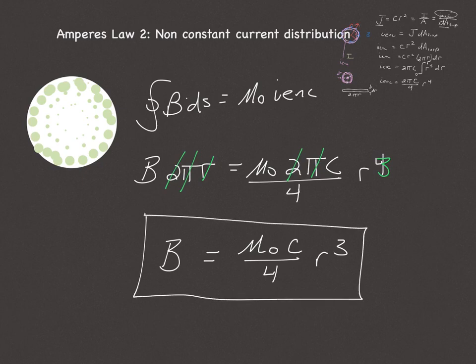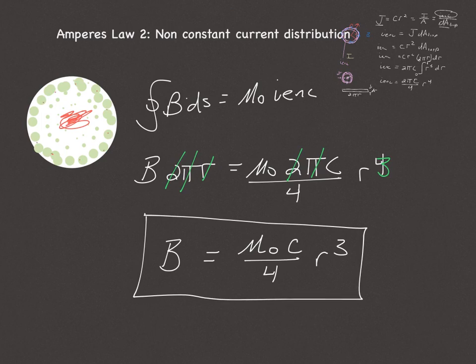All right. So as we move farther away from the center, our magnetic field increases by a power of 3. We should be able to do that with any function they give us. We could have the current more dense towards the center and then end up weaker out there.